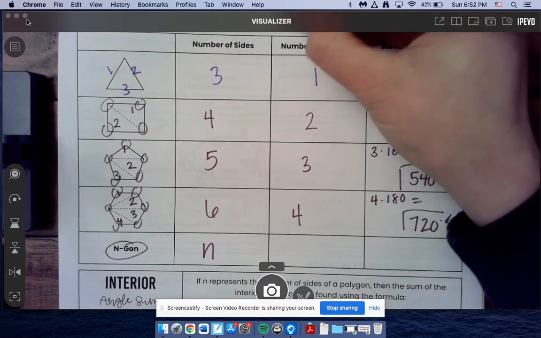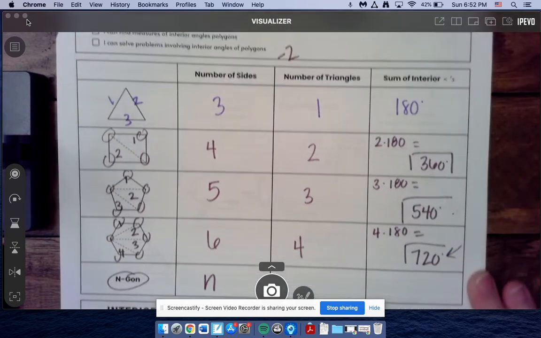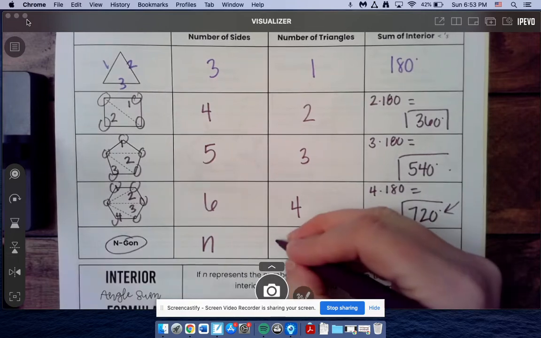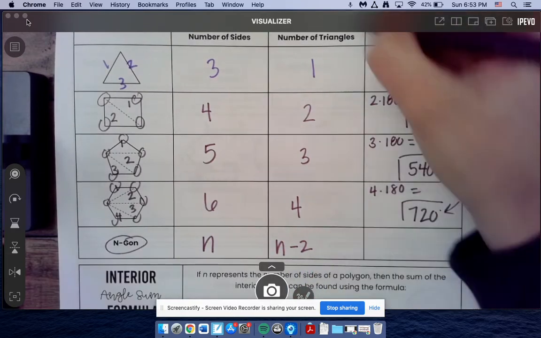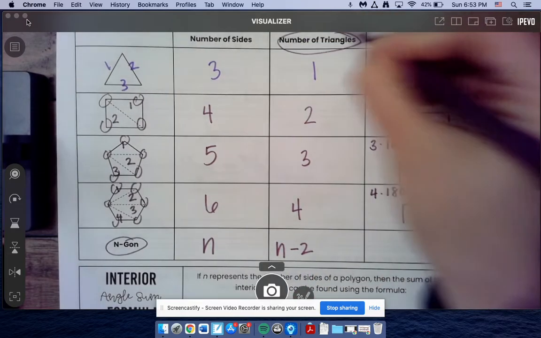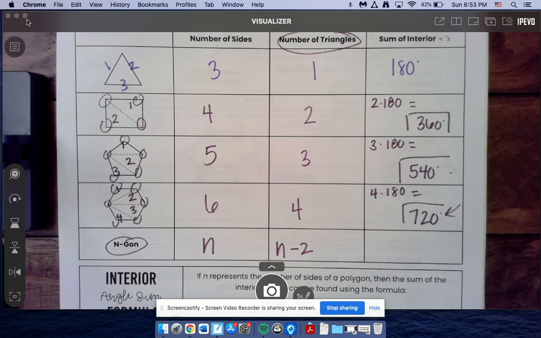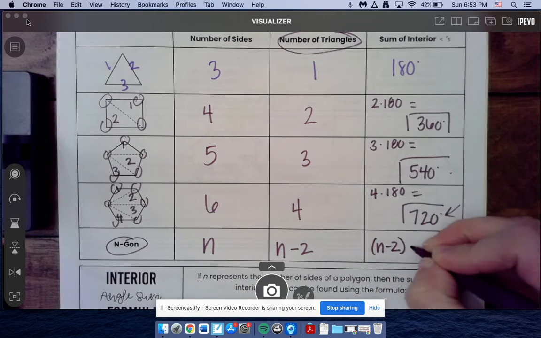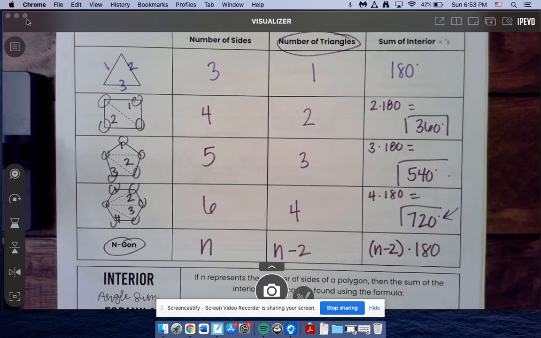I'm hoping you're noticing it's 2 less, right? So we take the number of sides minus 2 to get the number of triangles. And to get the actual degree amount, you take n minus 2, times how many degrees are in a triangle, which is 180.